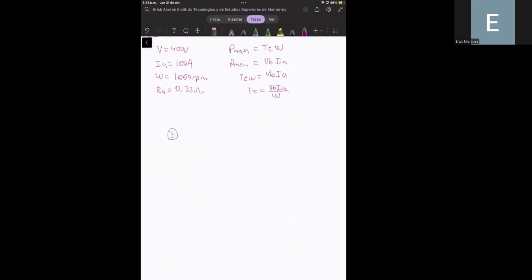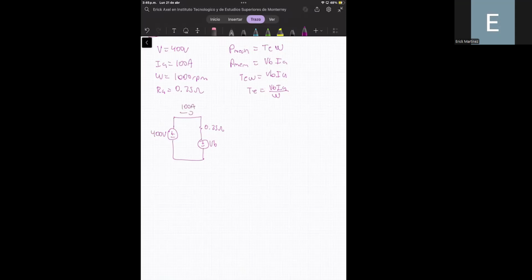Now here we have the voltage. There is 400 volts. And in series, we have the armature resistance that is 0.25 ohms. And here we have the back EMF. So also we know the current that is 100 amperes.